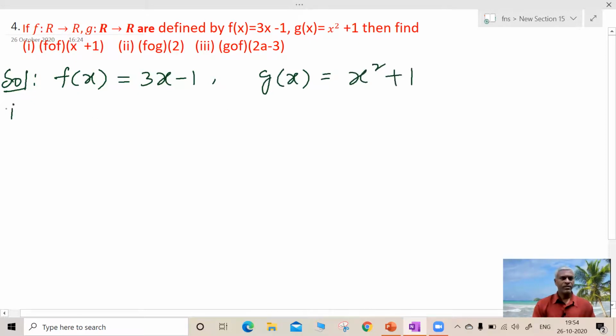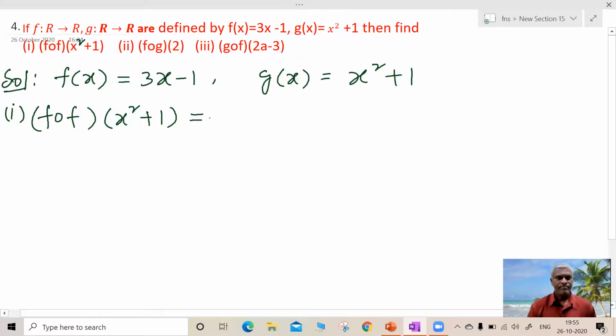So the first bit: f circle f of x square plus 1. We have to find this one.